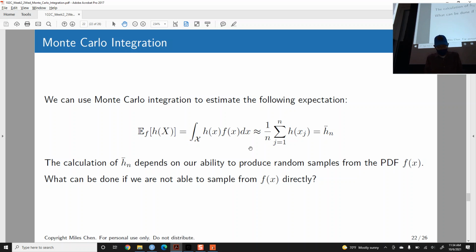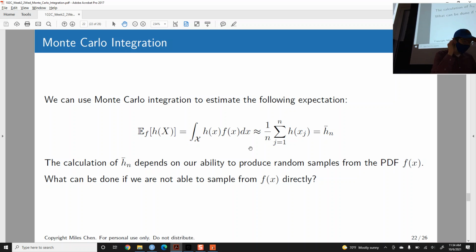But the question is, what if I give you a PDF and you can't generate values from that PDF? Let's say I give you some arbitrary function, and technically any function, as long as it never goes negative and as long as the integral over the entire support is 1, could be a PDF.